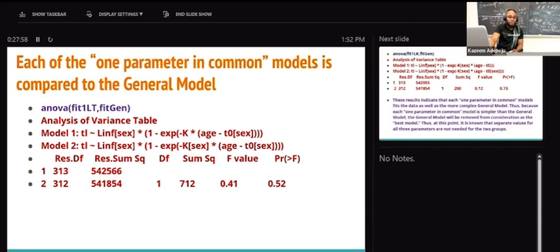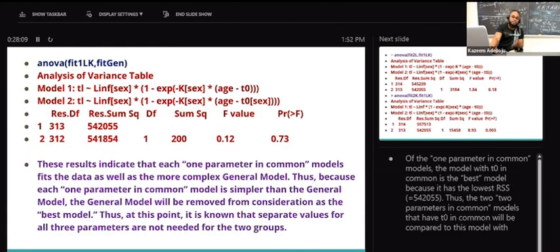Then fit 1 LT with general: maybe what is common now is K. The last one, fit 1 LK with fit general: what is common is T0. If you take a look at each of the tests that we conducted, we actually rejected general. Any question? We rejected general.